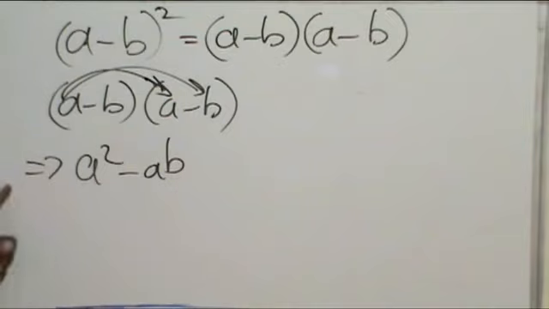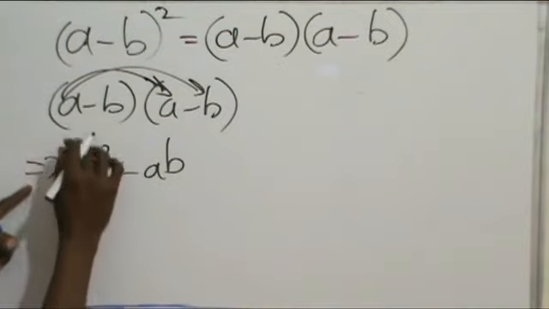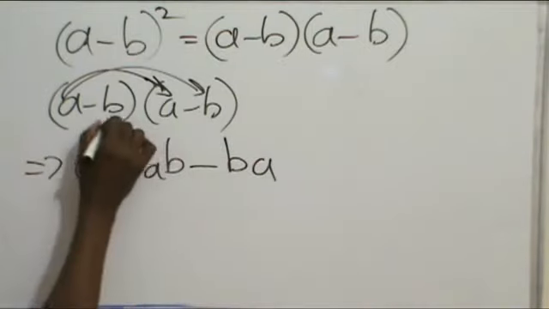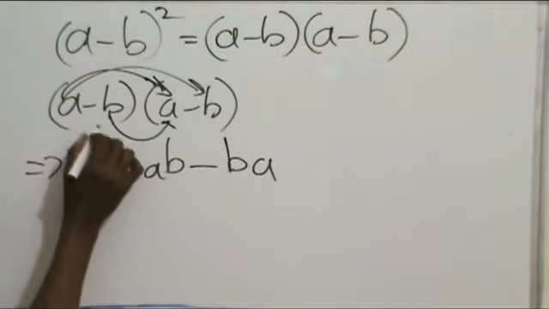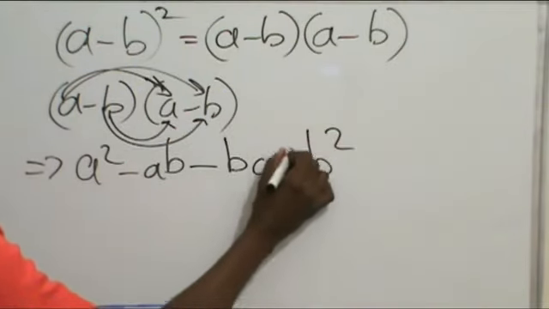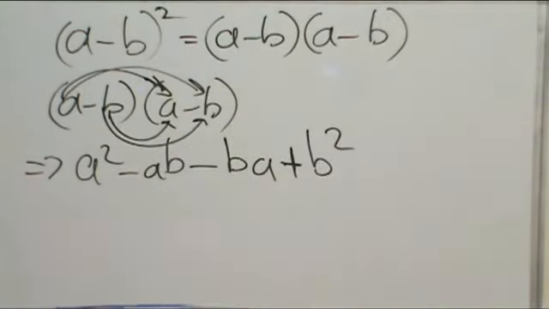Note very carefully: minus b by a is minus ba, and minus b by minus b is plus b squared.